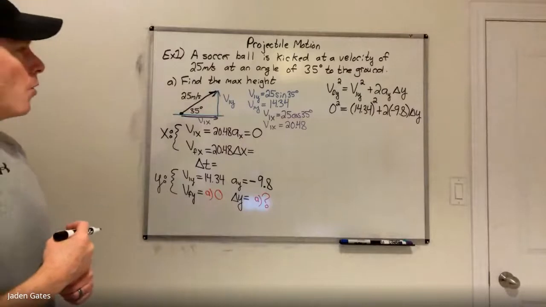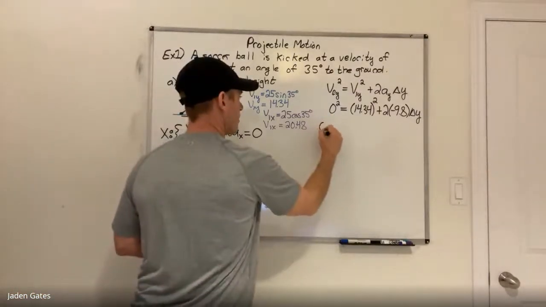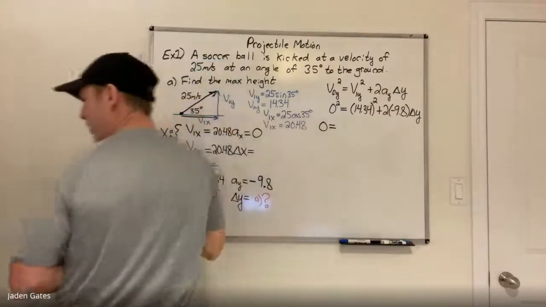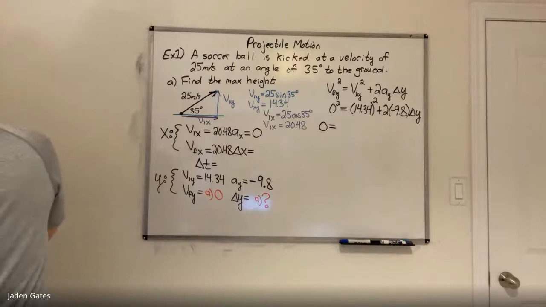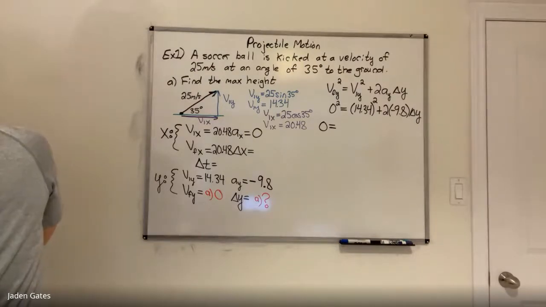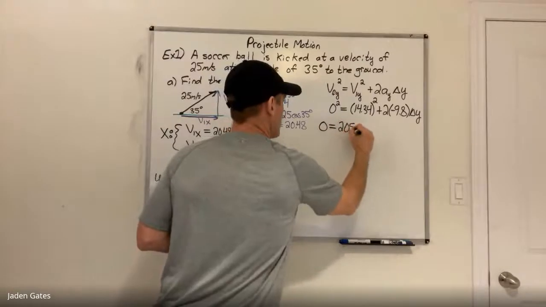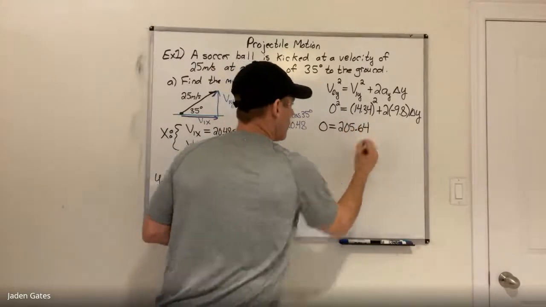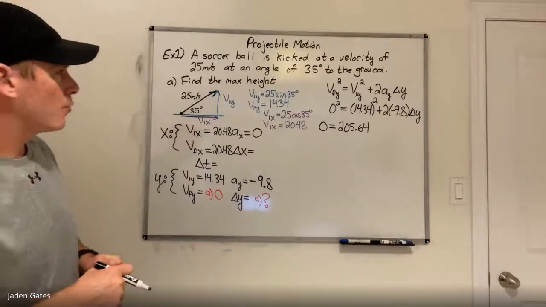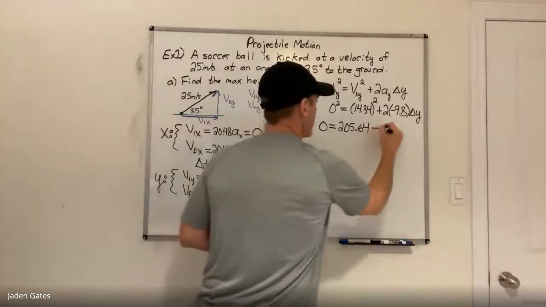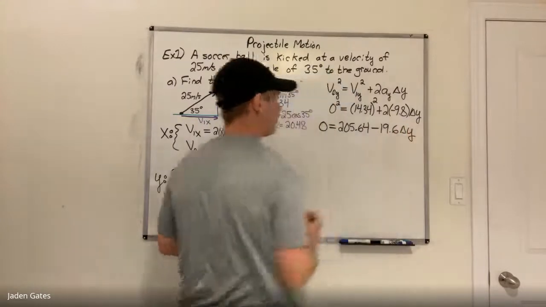Let's simplify things here. 0 squared is 0. 14.34 squared, let's see, I don't know what that is, 180 something, 190 something. Oh, 205.64. And then I have 2 times negative 9.8 times delta y, which is negative 19.6 delta y.